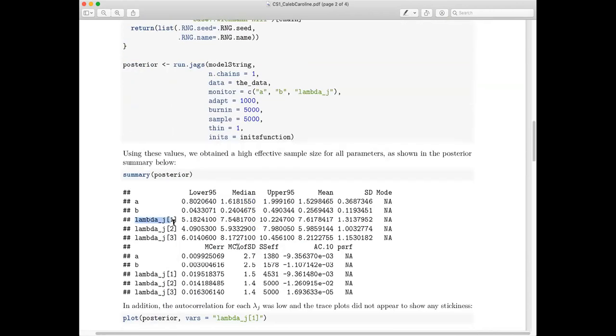When you look at the summary here, all of these are period-specific lambdas, the rate. But if you have a more flexible model like I described, with a year-specific lambda, then you're going to have a year-specific summary, and you might be able to see a certain trend within a particular period. So that will be another approach.